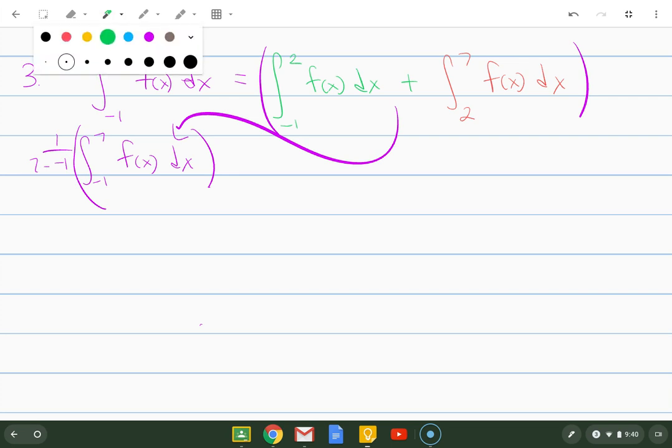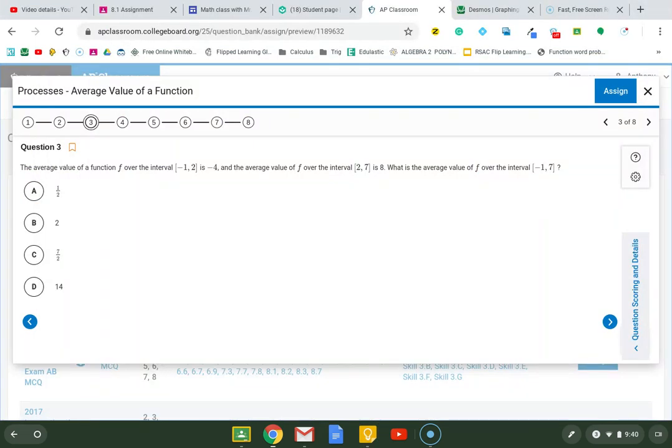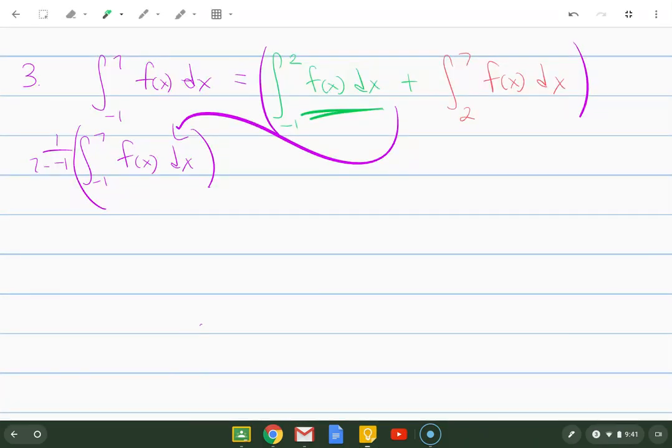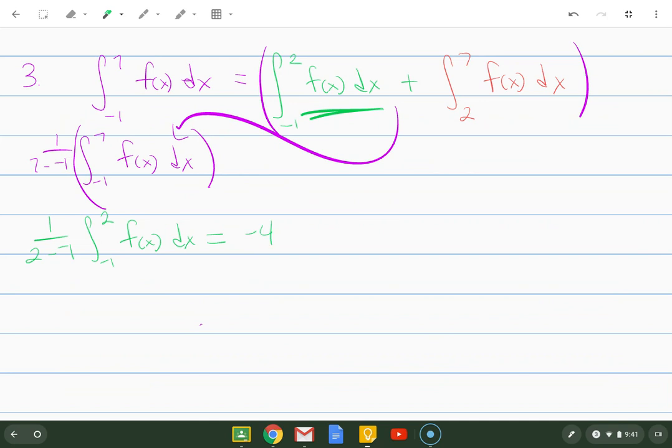So let's do that. If I just look at this green part first, the integral from -1 to 2, the average value is -4. So if I'm saying average value, I want to say 1 over 2 minus -1, integral from -1 to 2 of f of x dx equals -4.